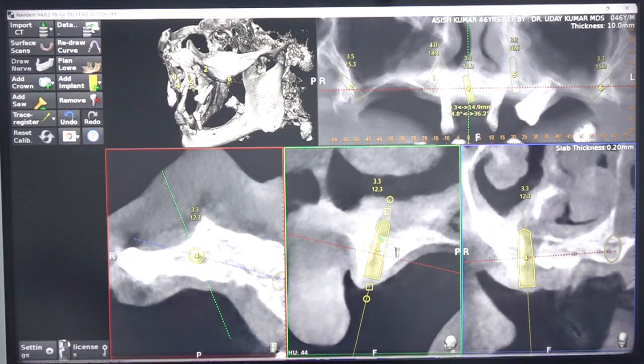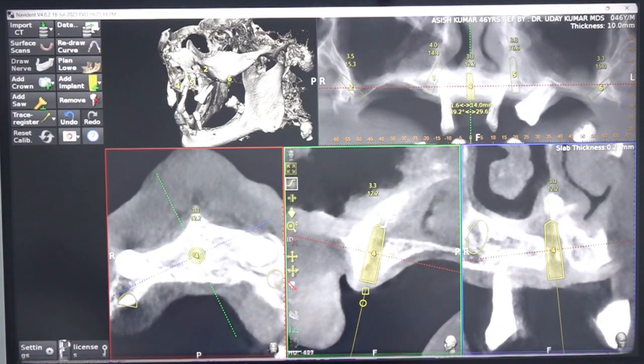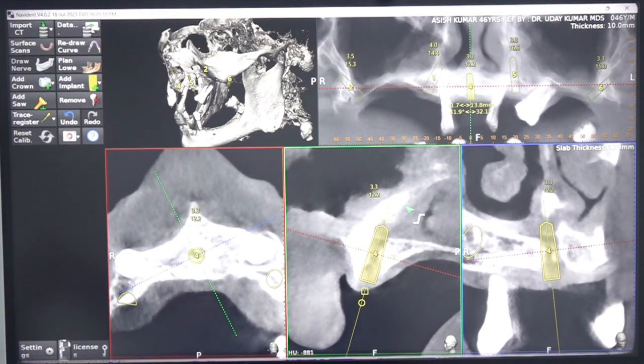You can place a 4 or 3.7 implant, 12 in length. That is also possible. Midline implant. Okay, the canal looks bigger. You can put a 4 or 4.2 also. 10 or 12. So either 5 implants or 6 implants.